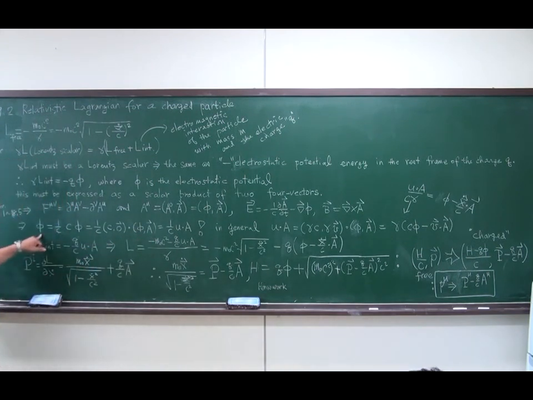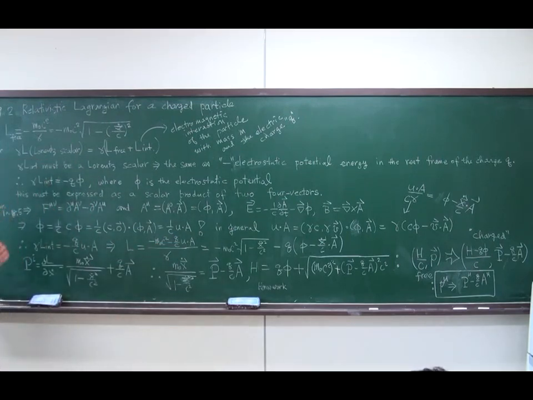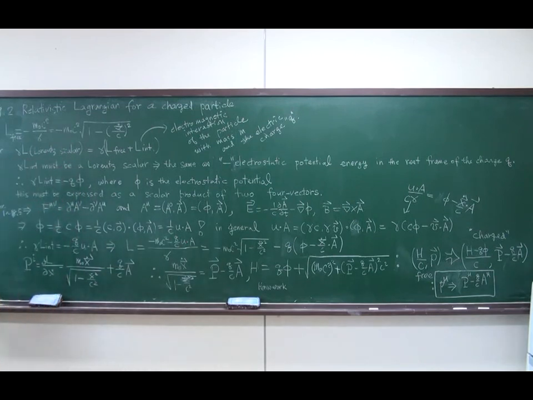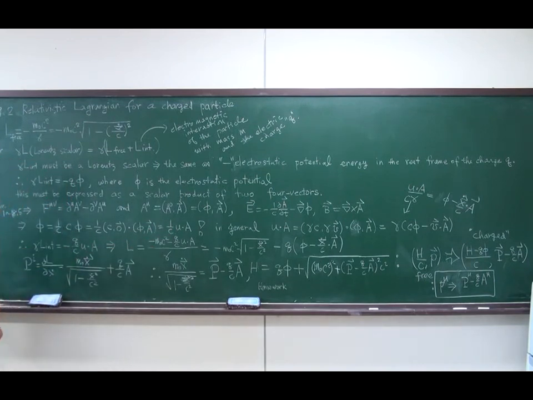We have expressed this phi as a scalar product of 4 vectors, so this expression can be used in any frame of reference. That's good. So gamma L int has been identified to be minus q phi, and the Lorentz scalar form is minus q over c, u dot A.